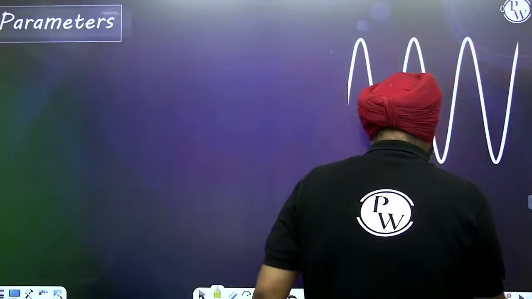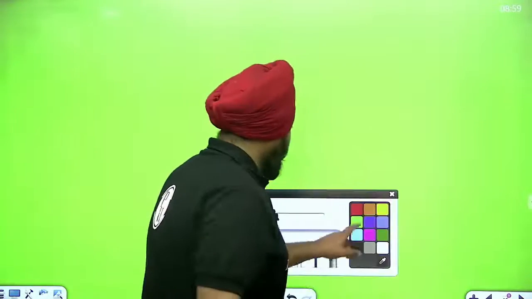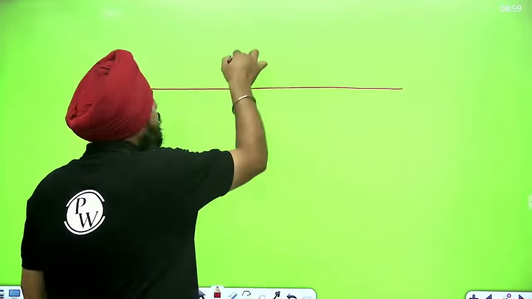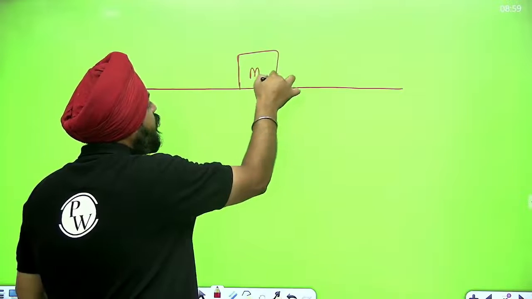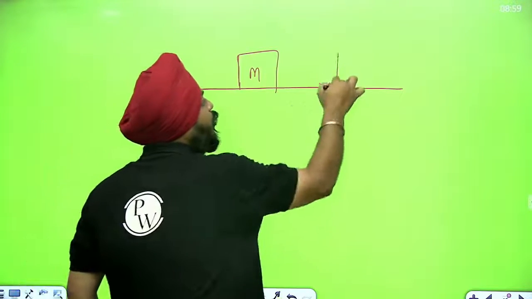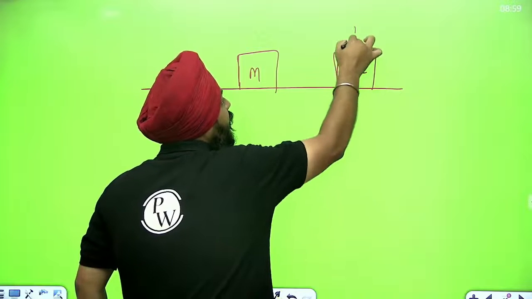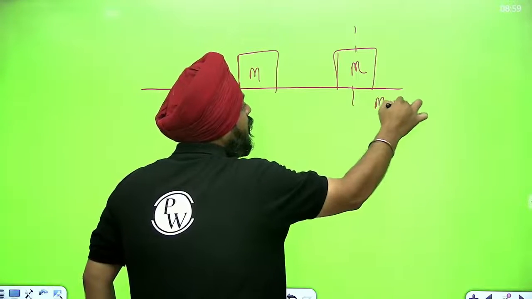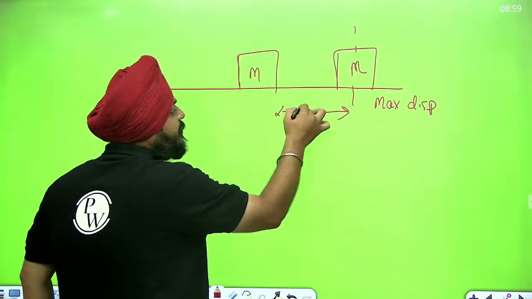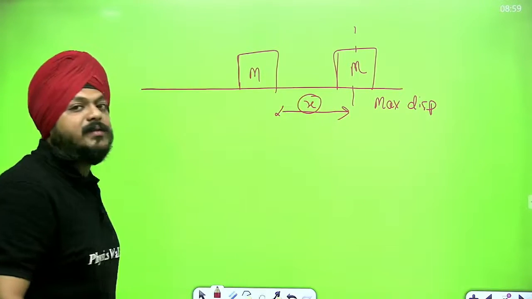Okay, here. Just hold on. See what happens here. This is a reference point from which the particle is going to start its motion. A gentle push is given and it is going to reach the maximum displacement. Whenever we have the maximum displacement, it means that the spring is elongated by x.